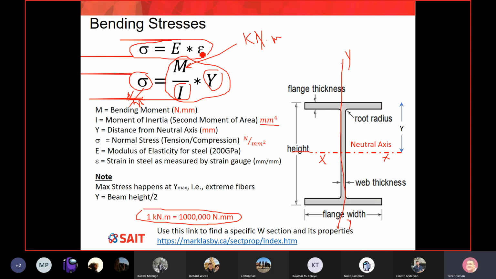I know it's kind of weird because in my class, you saw E equal to sigma divided by epsilon. That's how you found the modulus of elasticity. But there is no difference. It's the same equation, we're just rearranging the terms. So sigma is equal to E multiplied by epsilon. Do you guys remember?